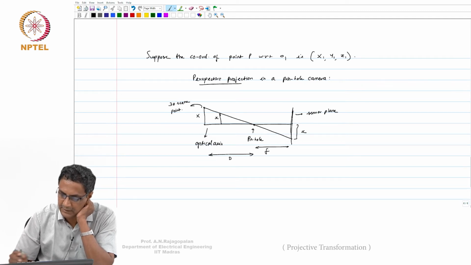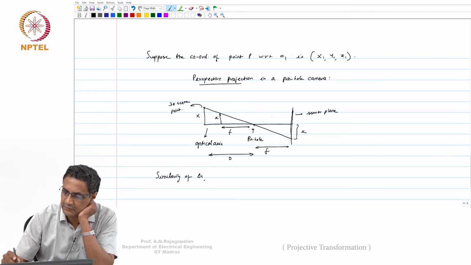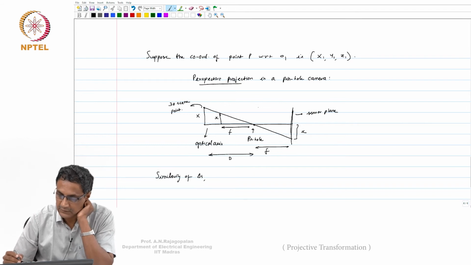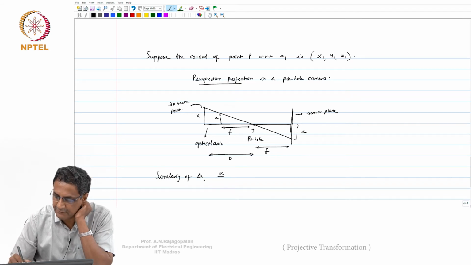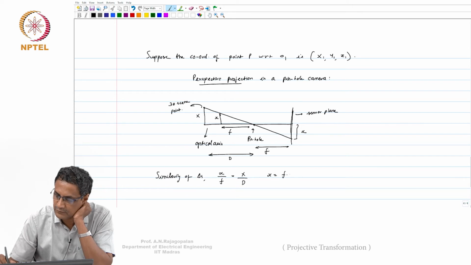Now, if you simply apply similarity of triangles, what do you see? From here to here is again f. This was f, this is also f, this is x. So x by f, which is this angle, is the same as capital X by d, or x is f times capital X by d. Similarly, y will be f times capital Y by d.